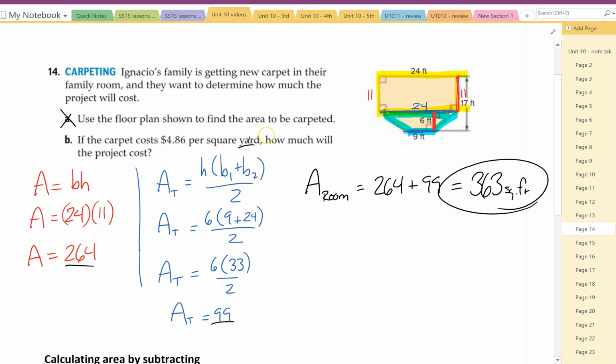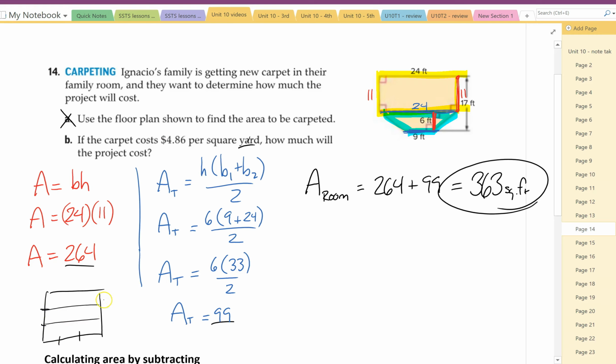Well, you'll notice they're using different units now. So what we have to figure out is how many square feet are in a square yard. Okay, so a square yard, I'm going to draw it down here. If you know what a yardstick is, you'll know that a yard has 3 feet in it. So if I have a square yard, that means I have 3 feet here, 3 feet here.